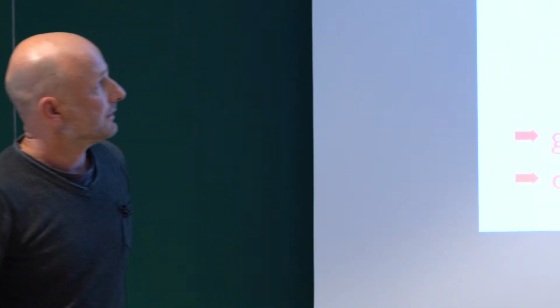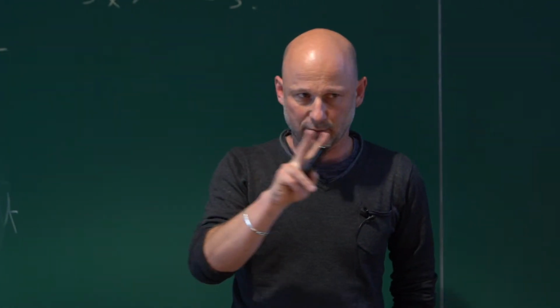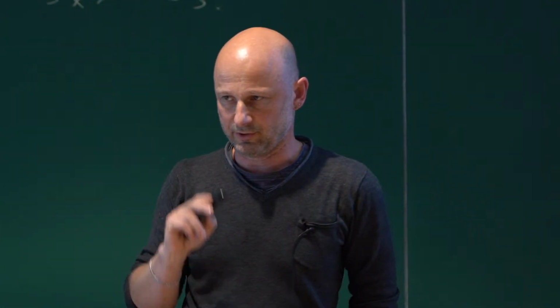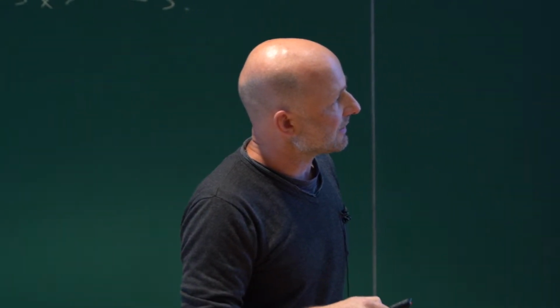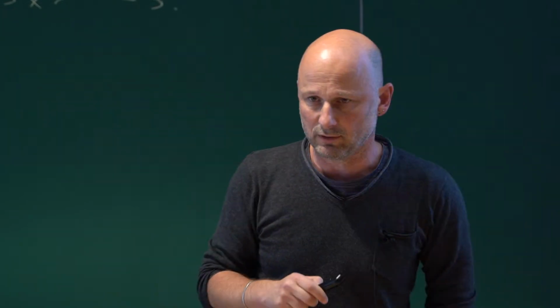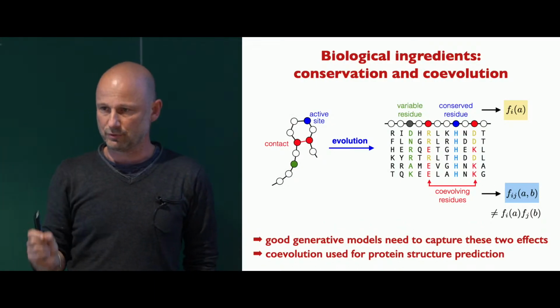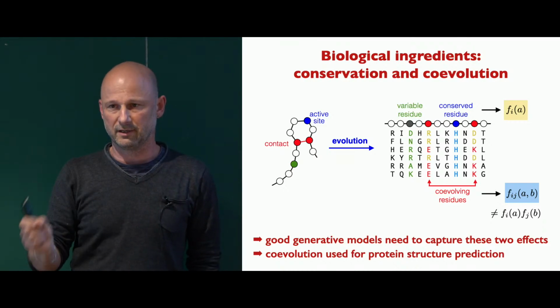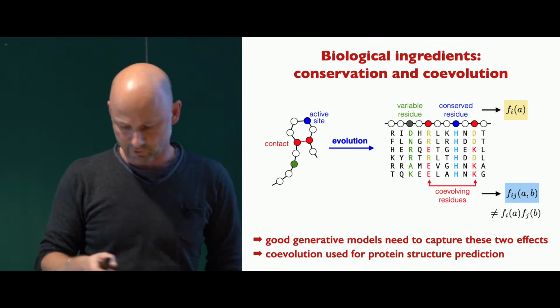And the models I invent, I think they should respect at least 2 biological observations, so they should be biologically sensible. The first one I already discussed is these conserved columns. There are some residues which never change in evolution over 1 billion years, and there is probably a reason for this, so I should rather not change them.